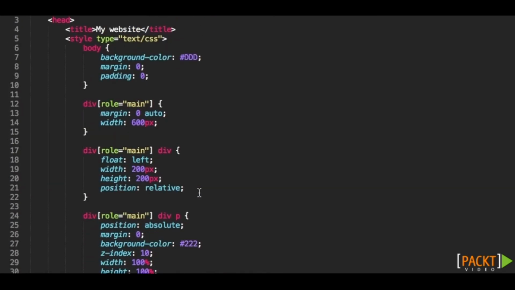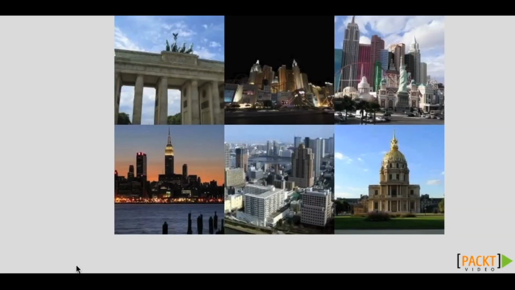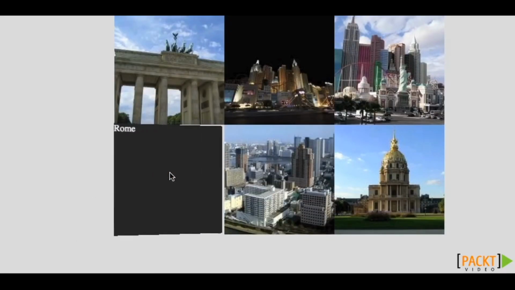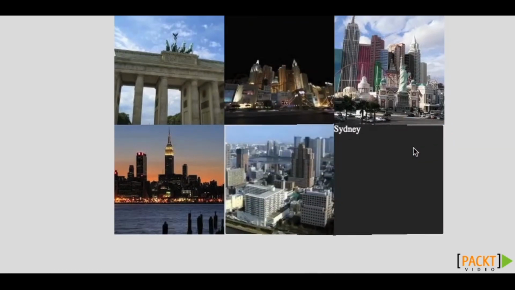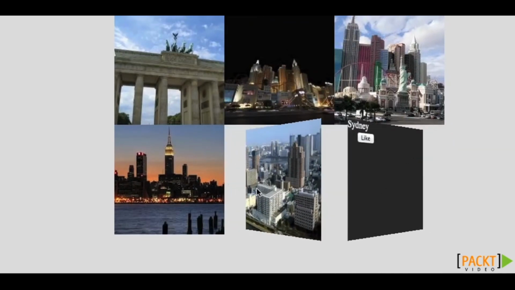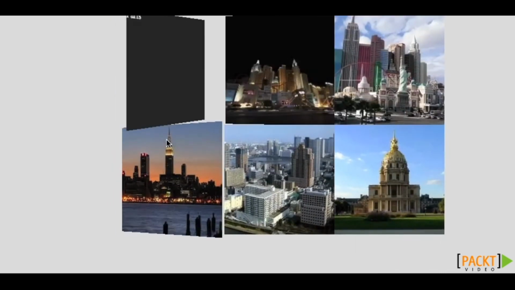To add more dramatism, and by that I mean more perspective, we can use the perspective attribute. Let's specify reasonable values such as 700 pixels. The final result is this. It looks beautiful, really looks beautiful, and the click works, and it looks great.